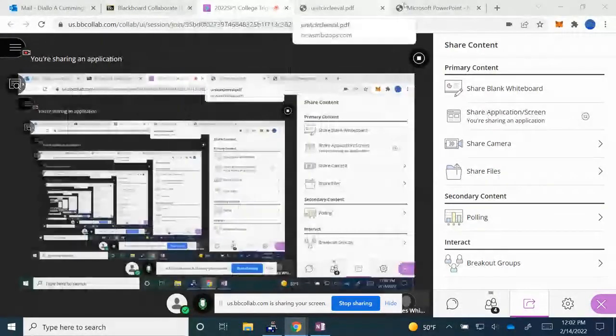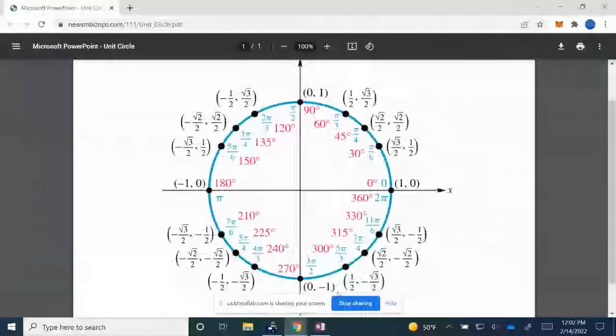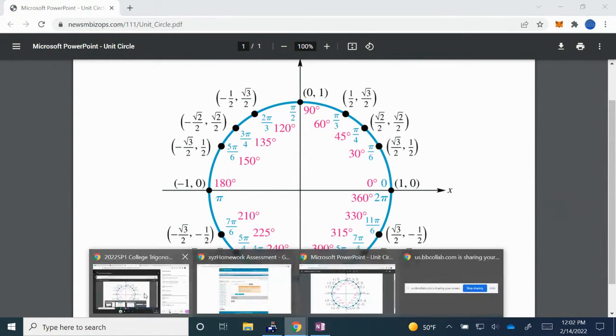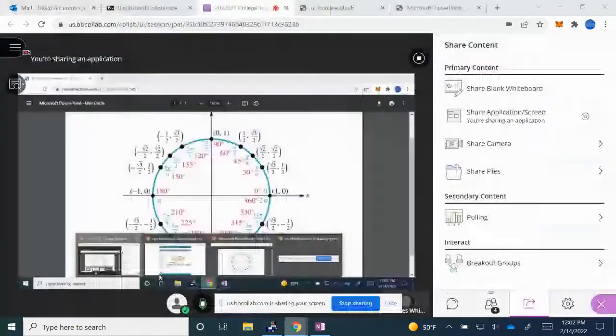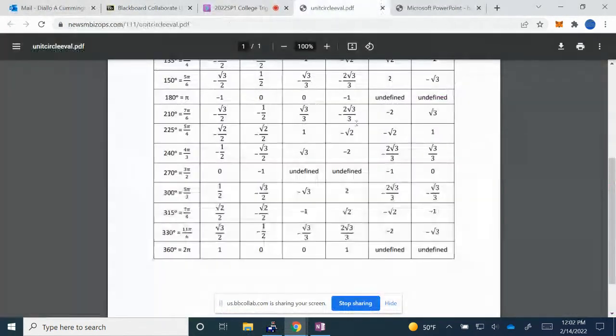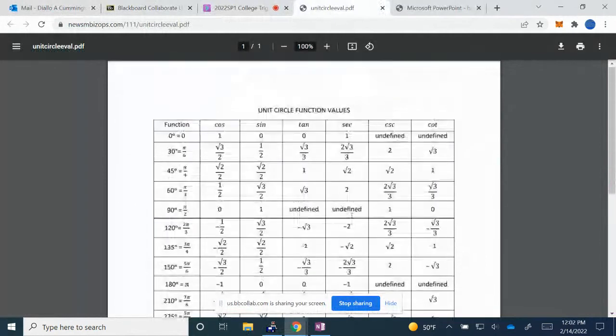we can use the unit circle to find the cosine of pi over 6. I can locate pi over 6 radians. The cosine would be the x coordinate, so I would have square root of 3 over 2. I could also use the unit circle function values chart.